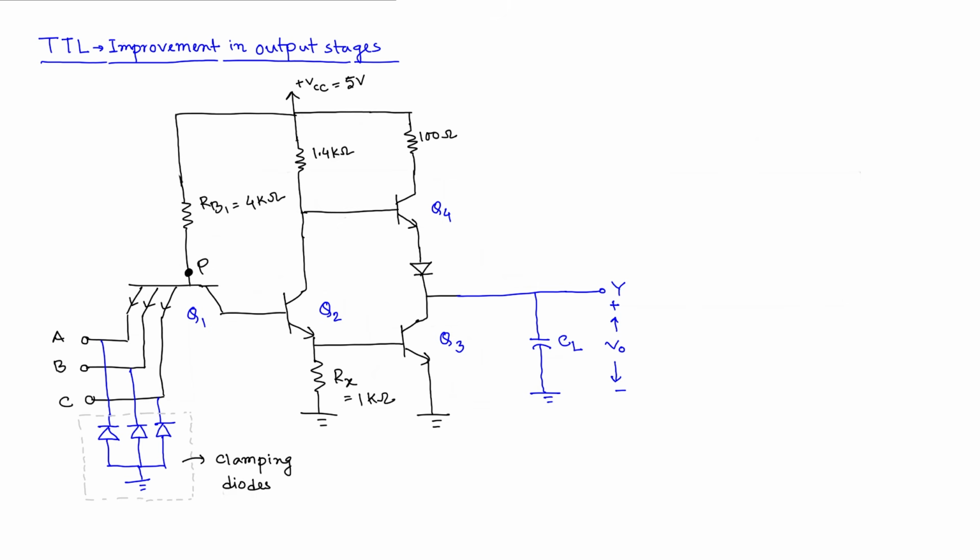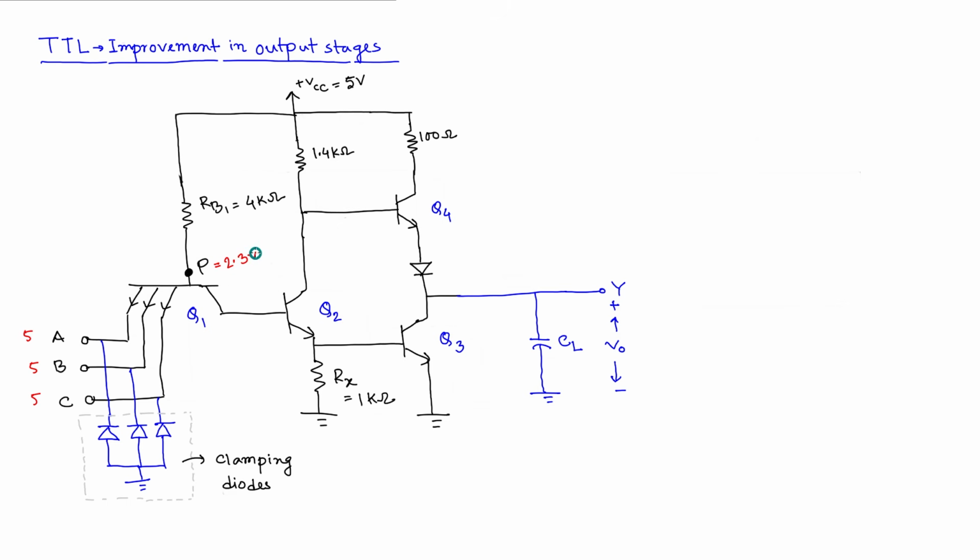So again, here we will start with a condition where all of the inputs are 5 volt, and then these three junctions are reverse biased, and we need 2.3 volt for these two transistors to be turned on, and as a result, at this point we are getting 2.3 volt.